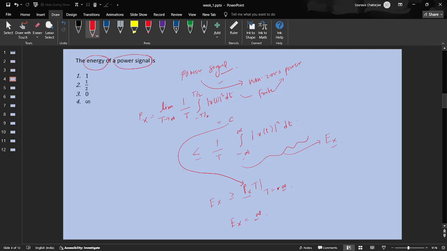The moment we classify a signal as a power signal, we need not again look at its expression, whether it is a sinusoid or an exponential, whatever it is, it doesn't matter. The moment it's classified as a power signal, it is bound to have energy which is infinite. So the fourth one is the answer.